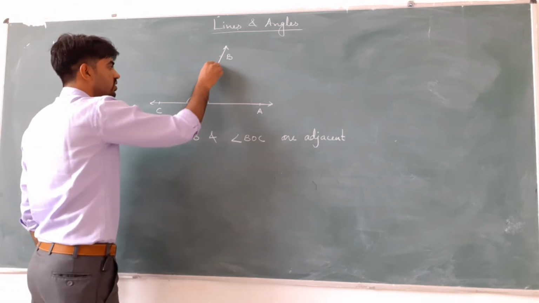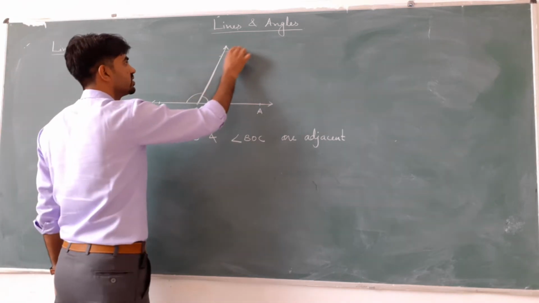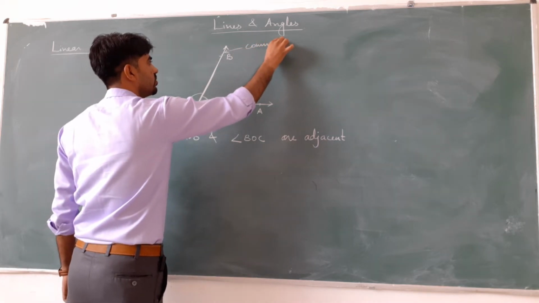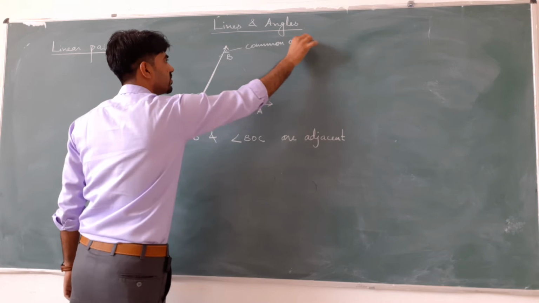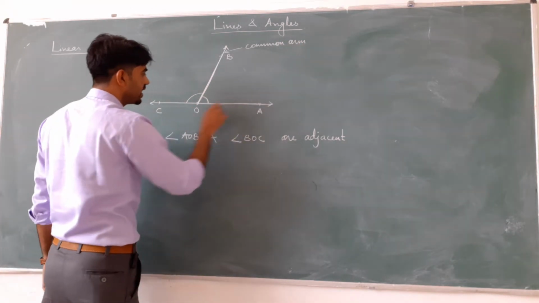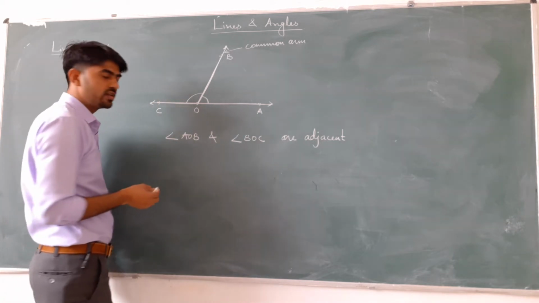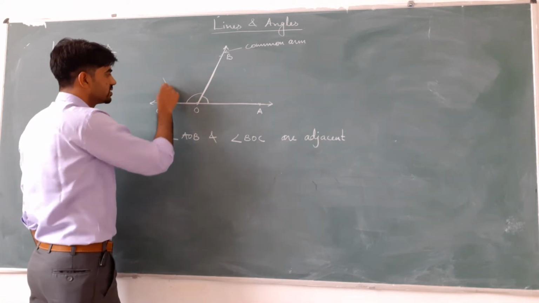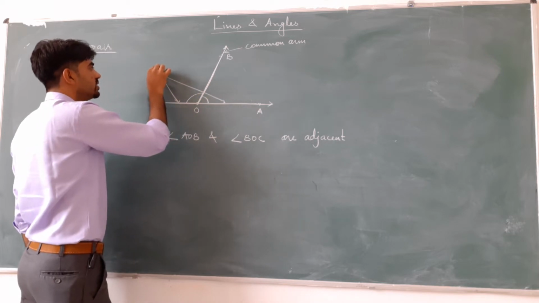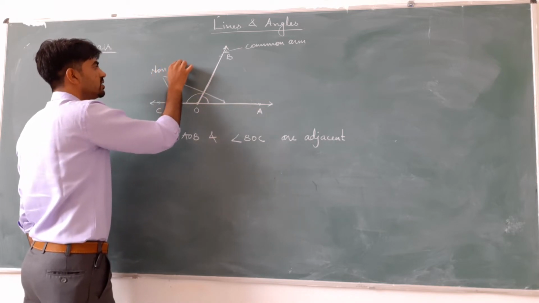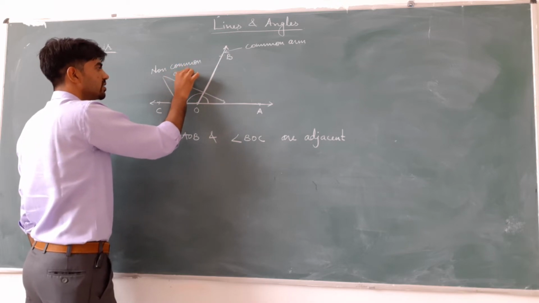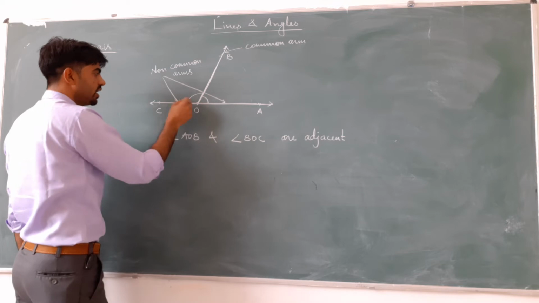This is called the common arm. And these two, this one and this one, are called non-common arms. These are OA and OC.